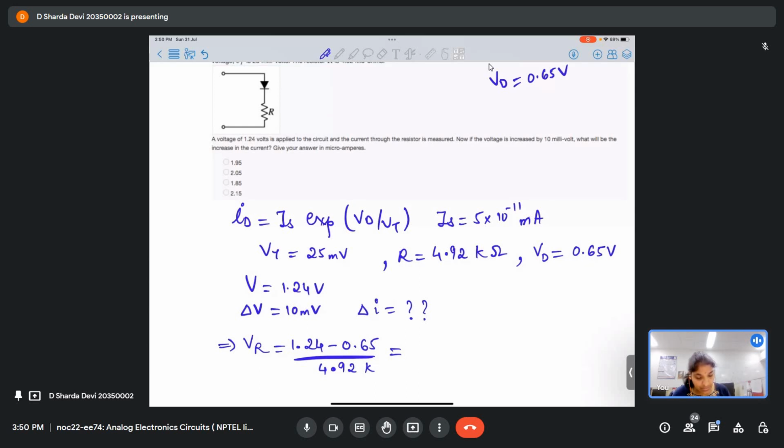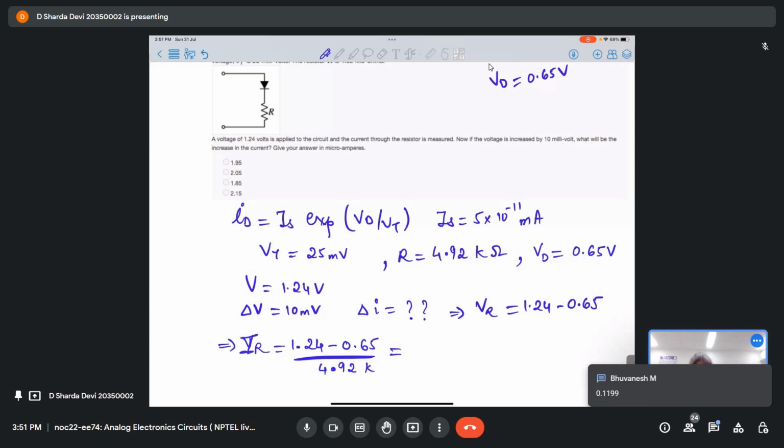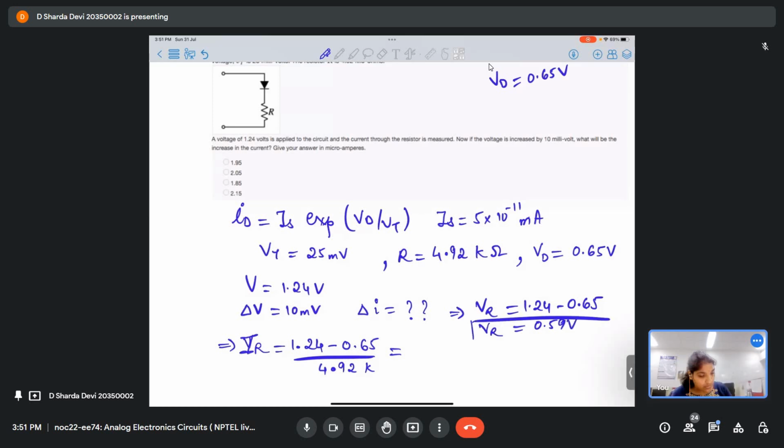So this will be IR, and VR is 1.24 minus 0.65. So 1.24 minus 0.65, this is 0.59 volts.